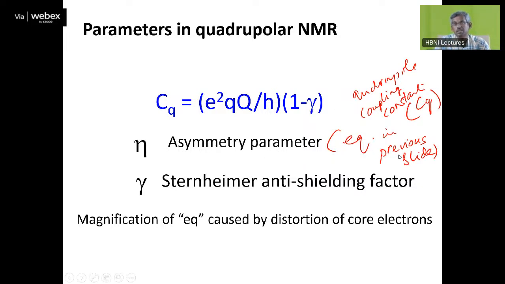The eta asymmetry parameter equation is in the previous slide, and gamma is called the Sternheimer anti-shielding factor. That is coming because of the electric field gradient, which is distorting the electron cloud.